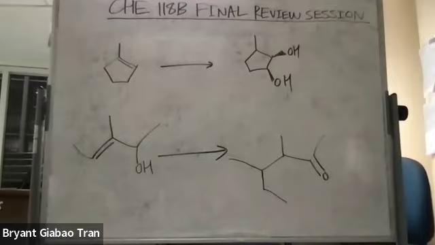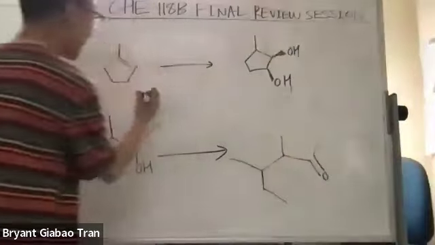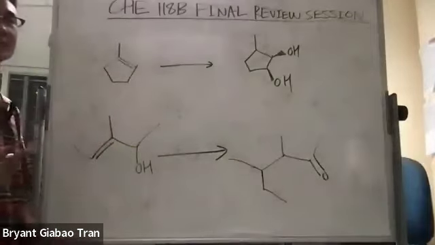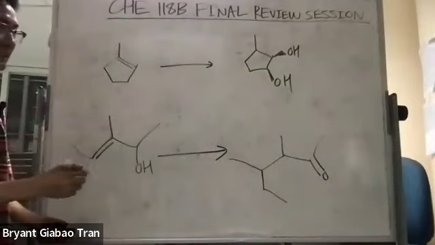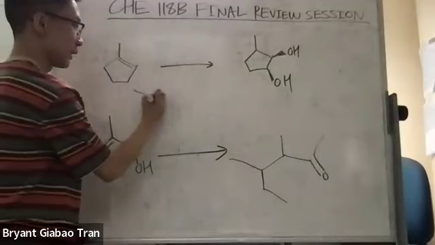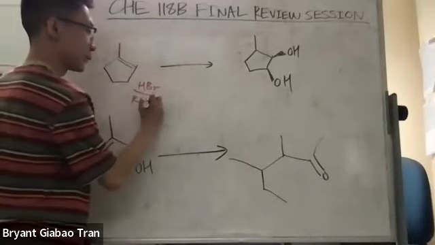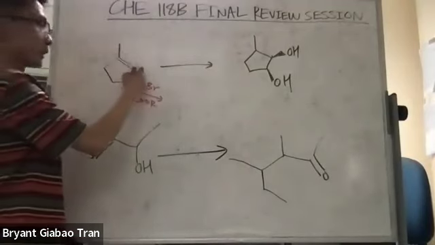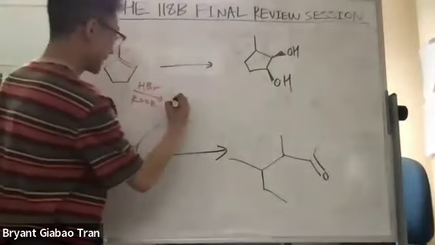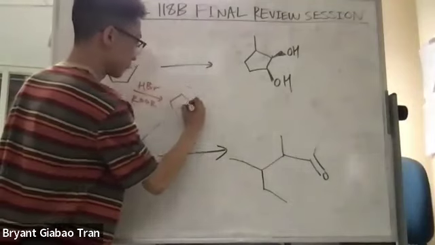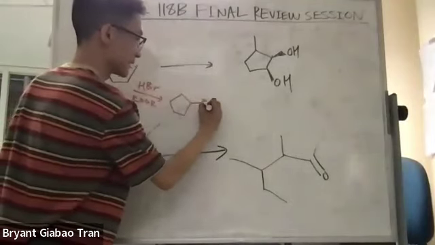Roar, with ROOR, not Br2, because we don't have 2 Brs. We only have 1 Br and 1 H, because HBr. HBr and ROOR, where H would be on the more substituted side, Br would be on the less substituted side. Anti-Markovnikov, which will only add 1 bromine to the less substituted side here.